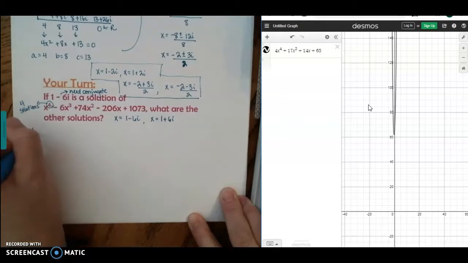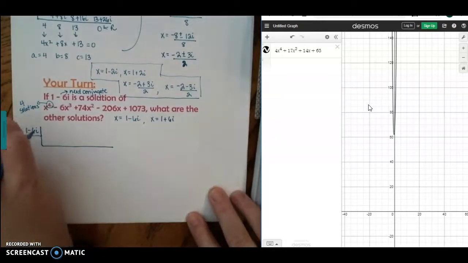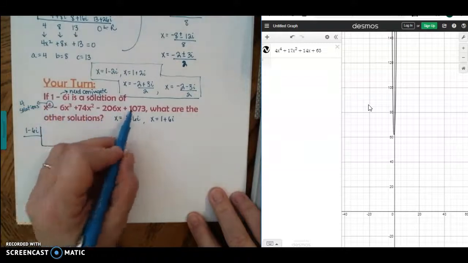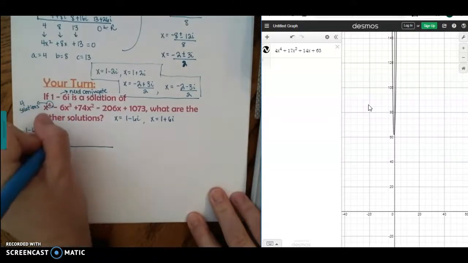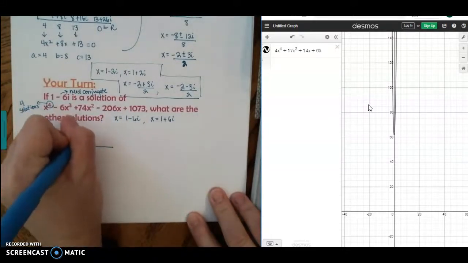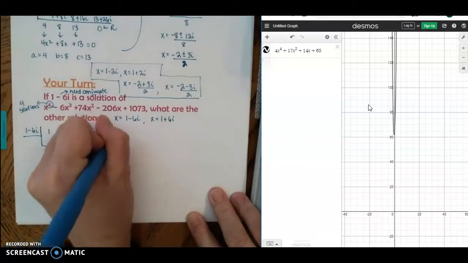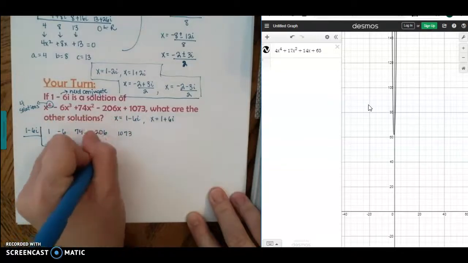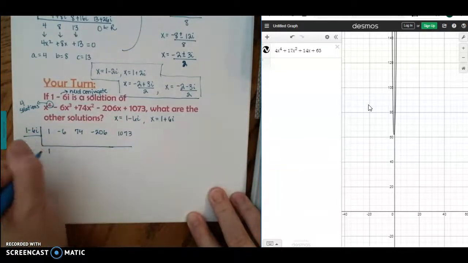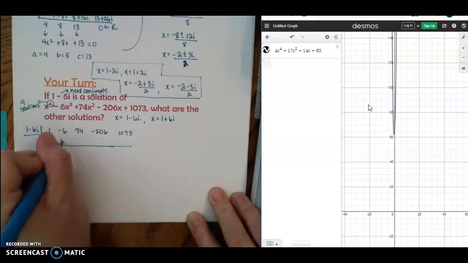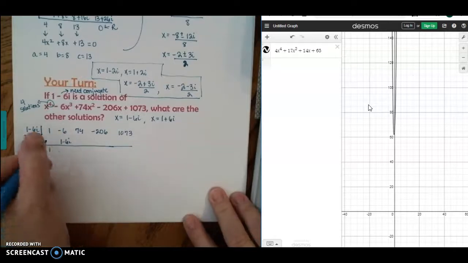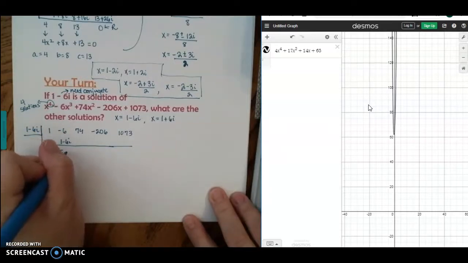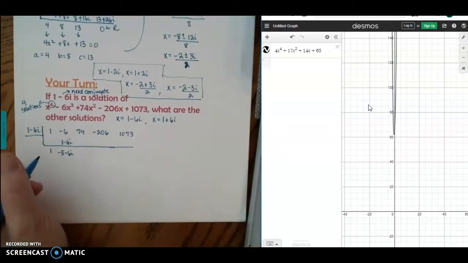So we're going to do 1 minus 6i in the box first. Make sure you don't need a placeholder. We don't. So you have 1, negative 6, 74, negative 206, and 1073. 1 comes down. So that's going to leave us negative 5 minus 6i.